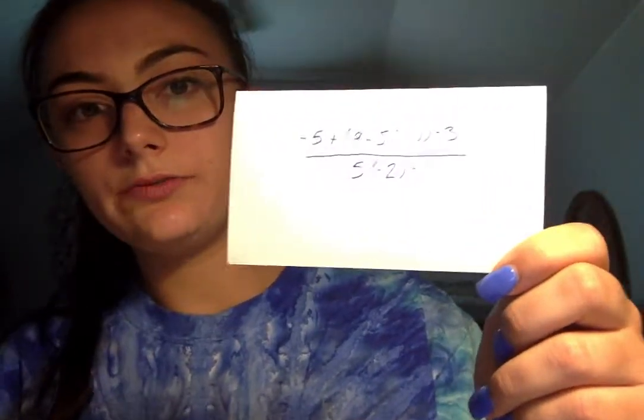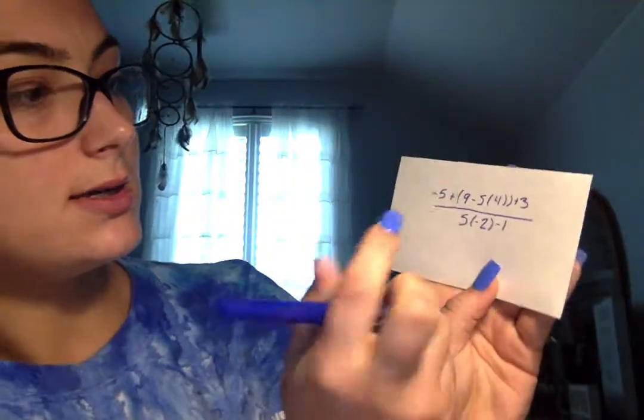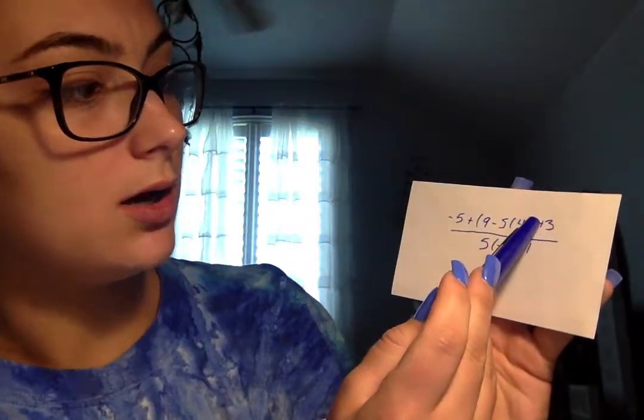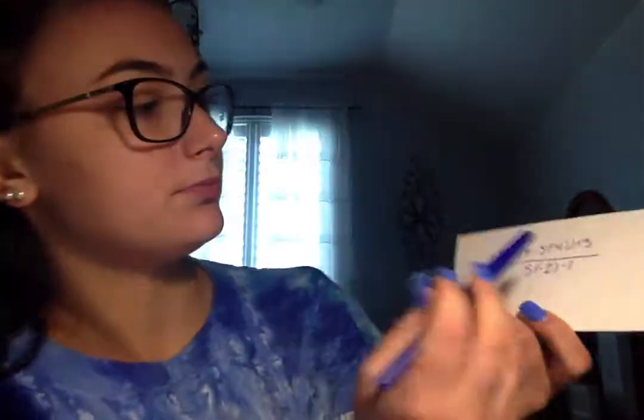What I'm going to do first is solve inside the parentheses first. So I'm going to start by doing 5 times 4, and that's 20. Then you're going to do 9 minus 20, and that's going to be negative 11.